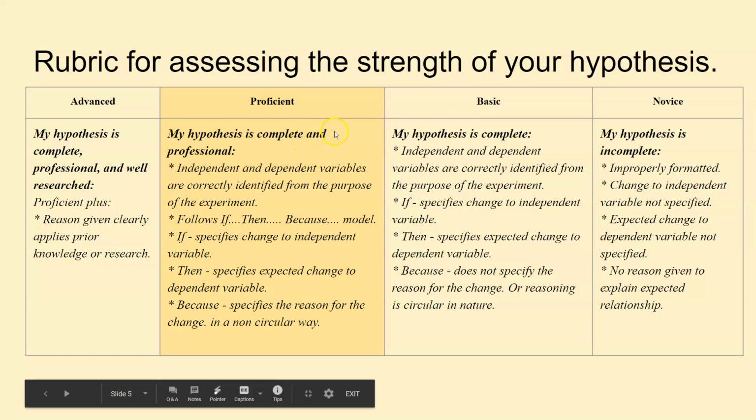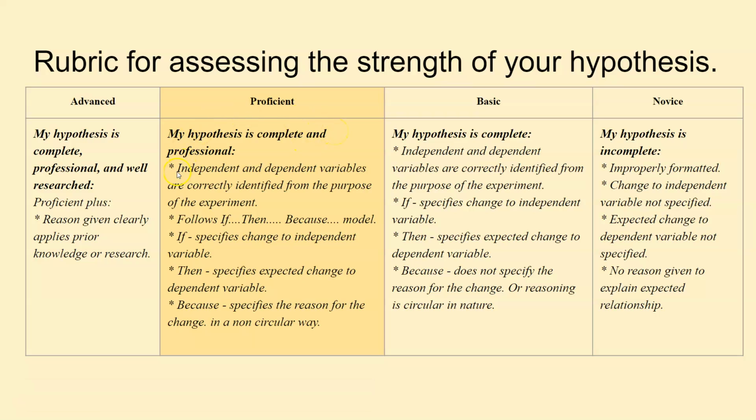Writing a good hypothesis means you understand what your independent and dependent variables were and correctly identify them from either the purpose of an experiment or from a question that is asked. You're following the if, then, because model properly, specifying in the if your independent variable and how it will change, specifying the then and what you believe the outcome will be, the dependent variable.